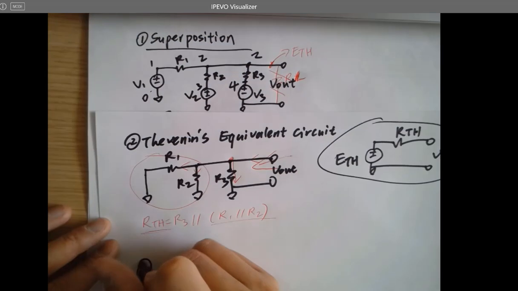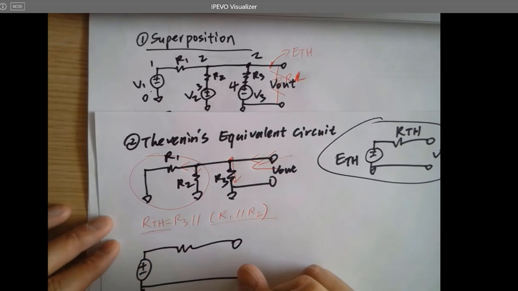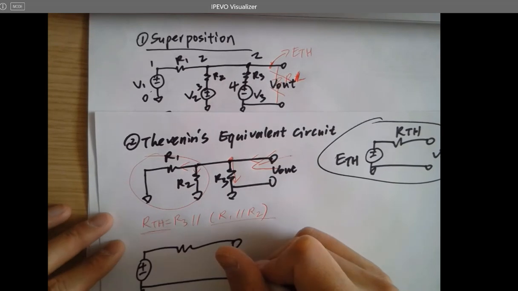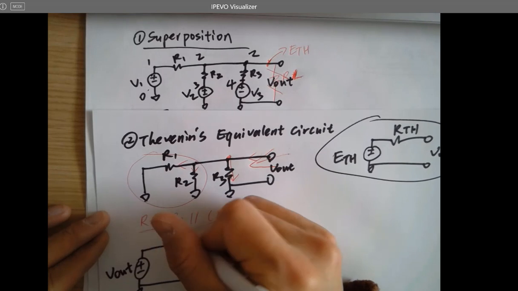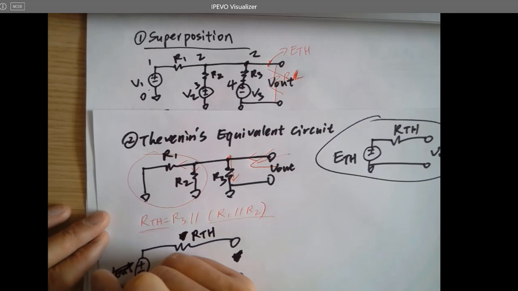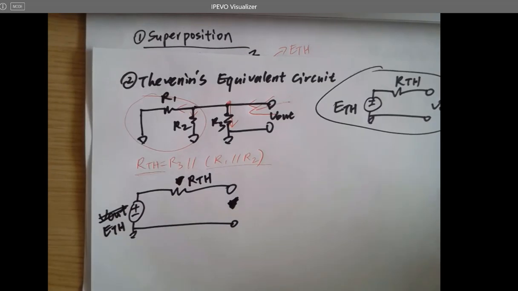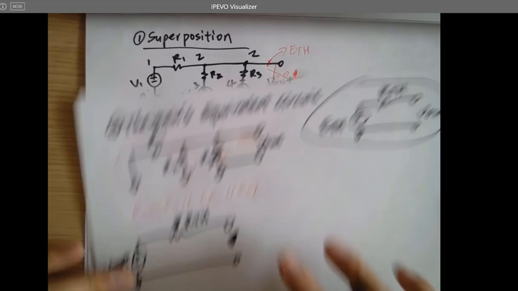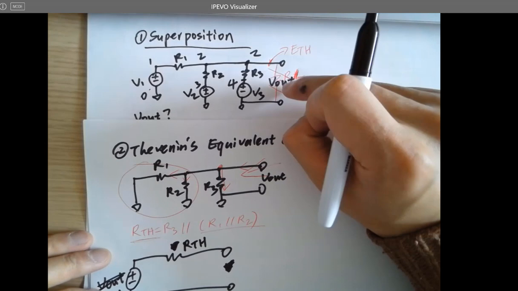Eventually, you can convert this circuit into this: RTH, and this is actually ETH. ETH in this open output circuit is exactly VL.